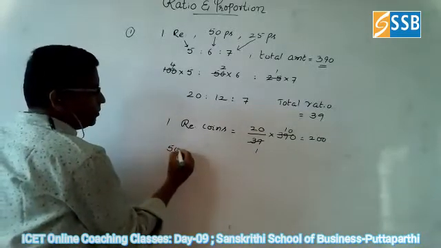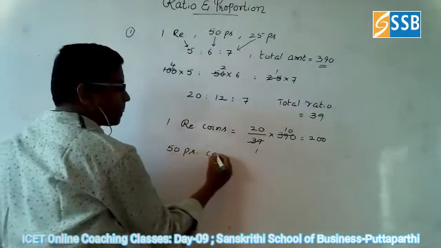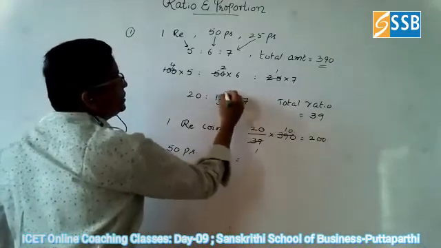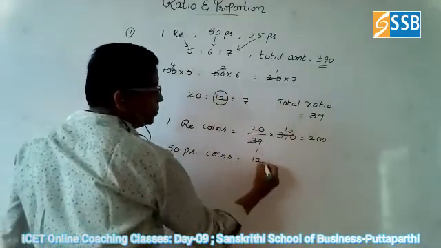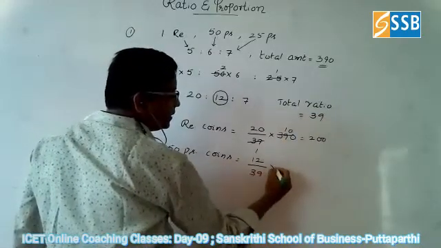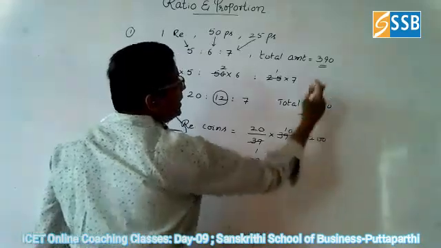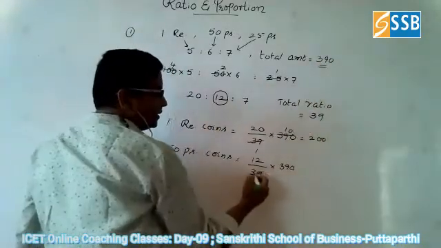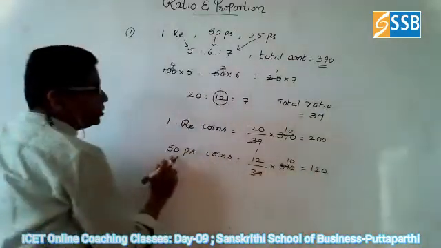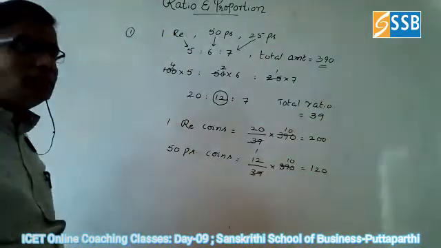What about the 50 paise coins? The part is 12, divided by the total ratio 39, into the total amount 390. 39 ones are 39, 39 tens are 390, so 12 tens are 120. So 120 50 paise coins are there.